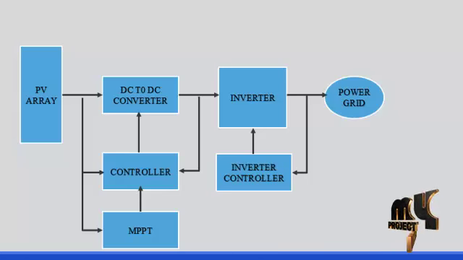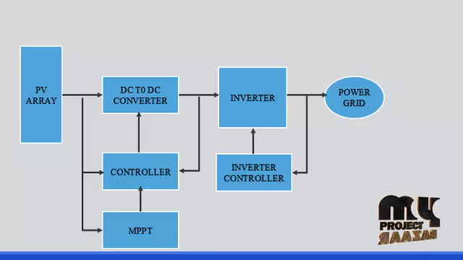After that, the electrical energy is fed into the DC to DC converter. Here the DC to DC converter switches, the IGBT switches, are triggered using a sliding mode controller. Here the PV voltage and current are fed into the MPPT technique. Any kind of algorithm can be used; here we use the P&O and incremental conductance algorithm.